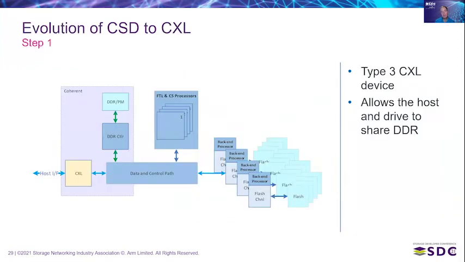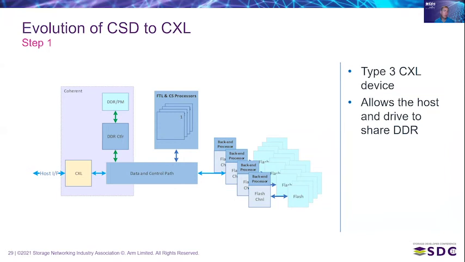So if we delve a little bit deeper into that in terms of the architecture, here's a more detailed diagram that could represent a computational storage drive at a lower level. And you'll notice a couple of things here. First of all, I've put a dashed purple block labeled coherent around the DDR controller and memory, as well as the CXL interface that's heading off to the host. So this could become a Type 3 device.